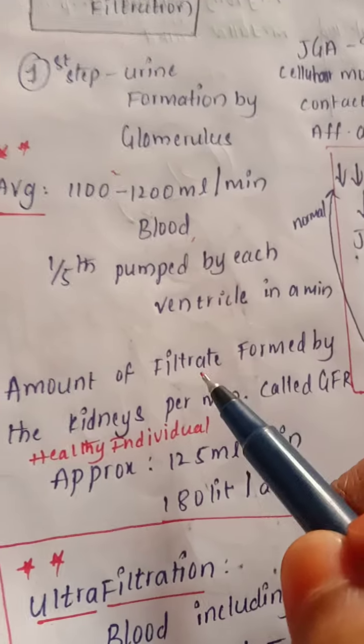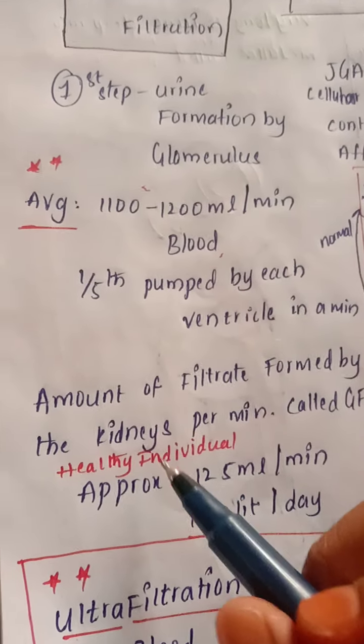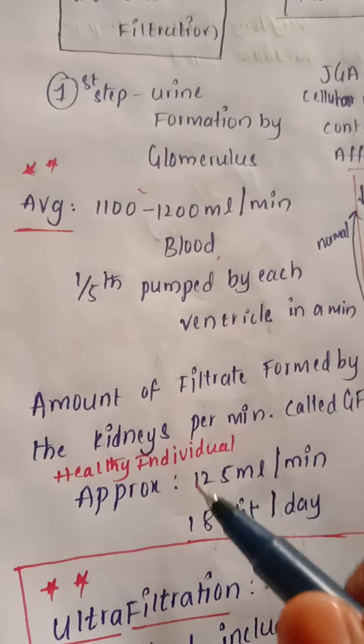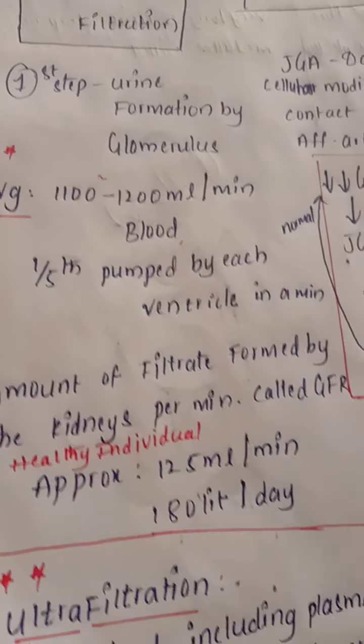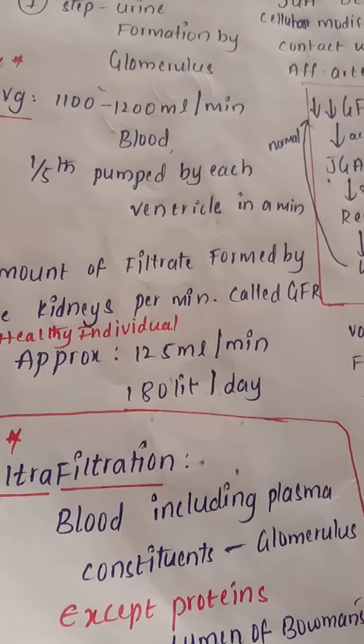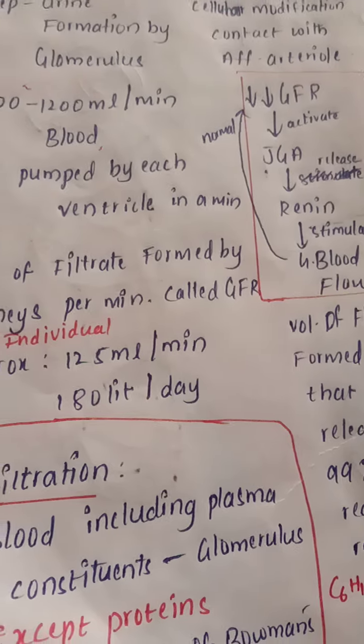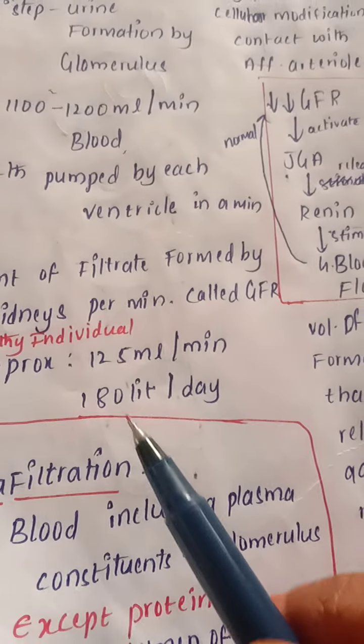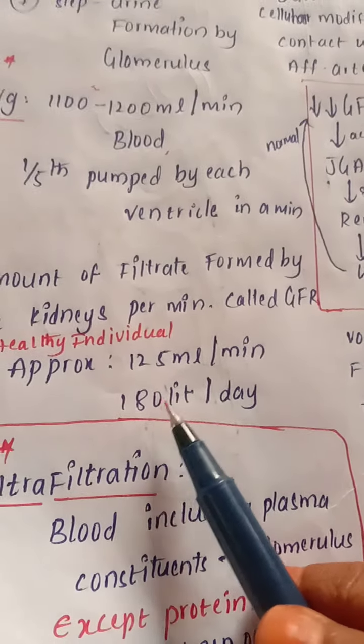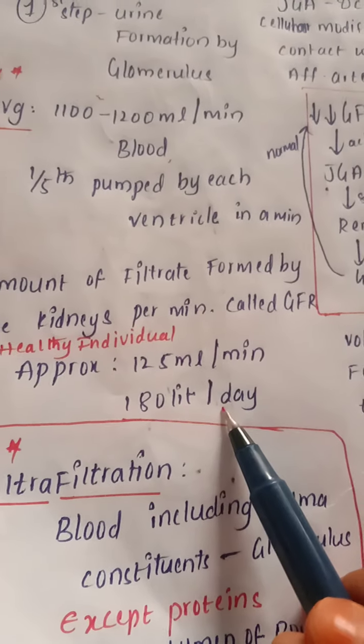So the glomerular filtration rate in a healthy person is approximately 125 ml per minute, or 180 liters per day.